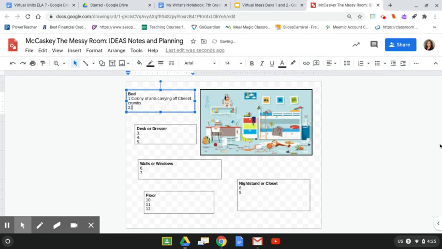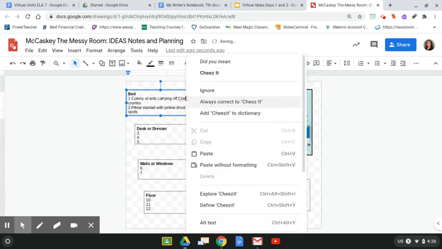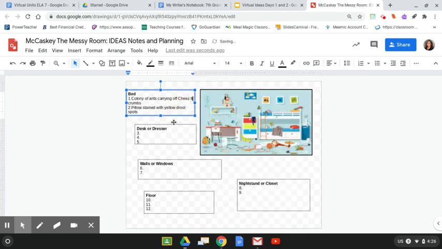Maybe on the bed right here, there's a pillow and it's stained with yellow drool spots.